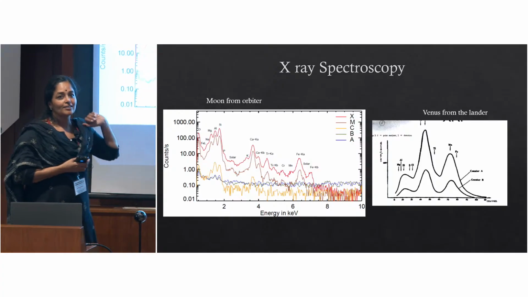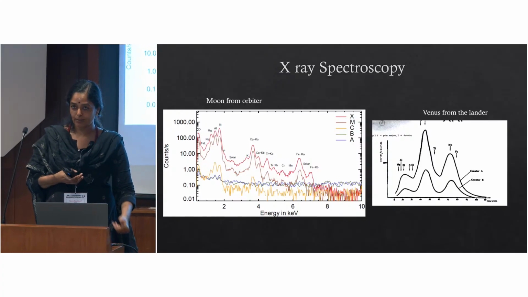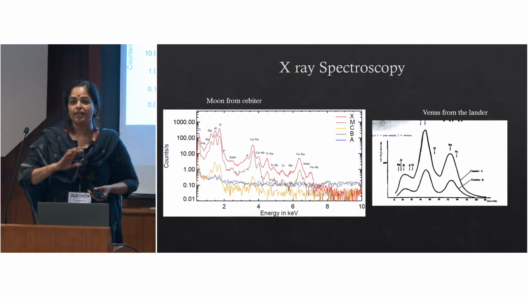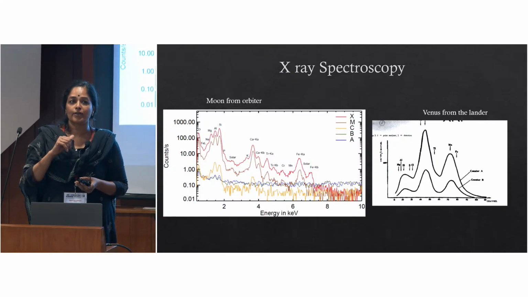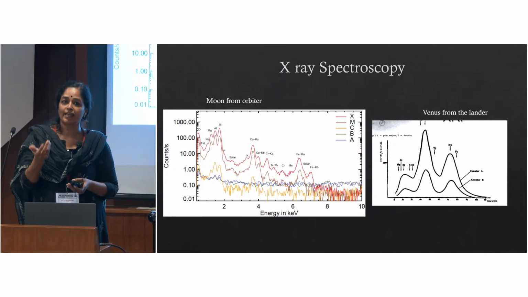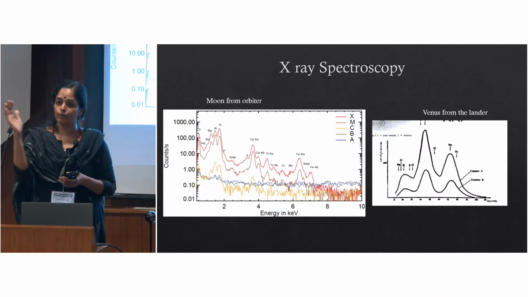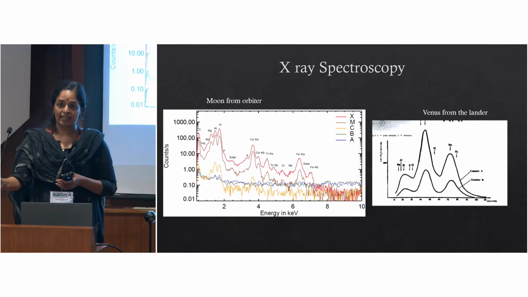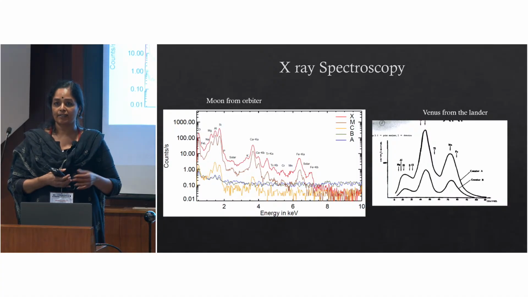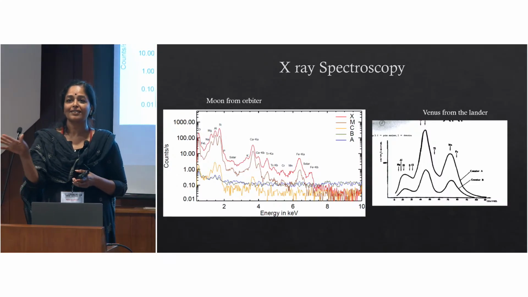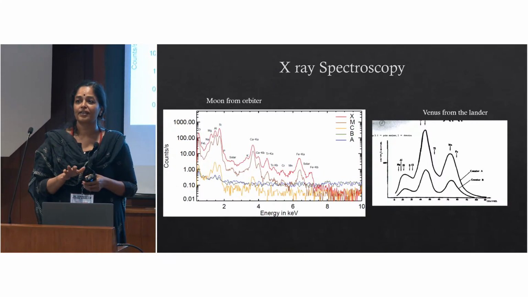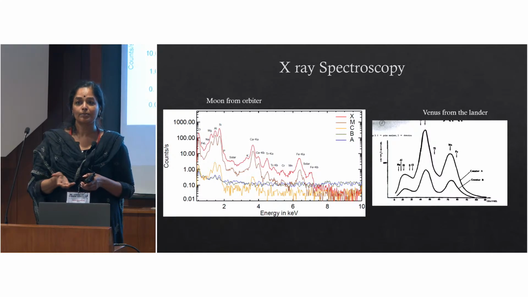So now you are looking at the Moon and you're getting the X-ray spectra. I can find the element, but if I want to translate that into an abundance map, I need to model this, for which I should also know what is falling on it, because that's changing. Whereas in near infrared reflectance spectroscopy, the Sun is not changing its infrared emission, or in visible, it's not.